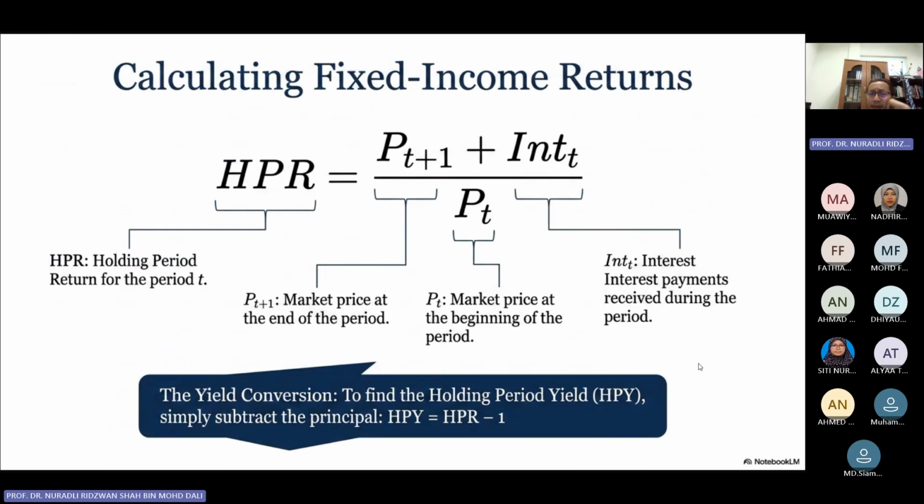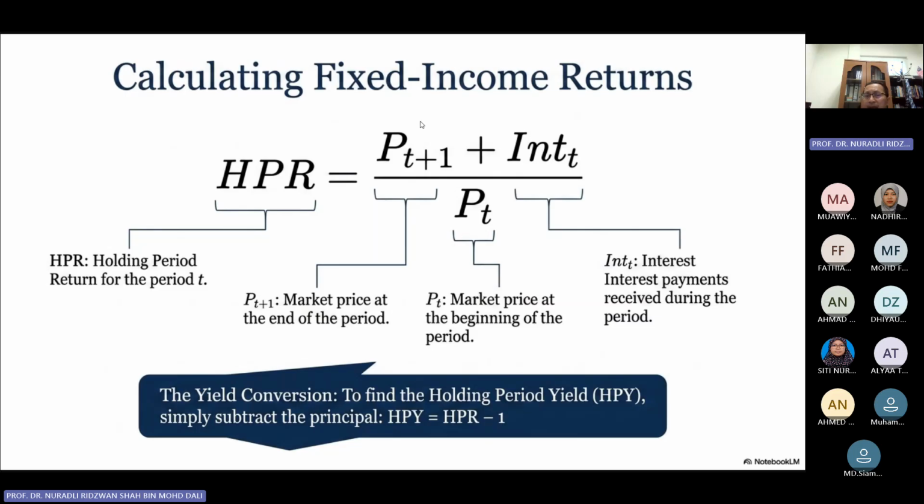Calculating fixed income return, this is the holding period return. This is the principal at the end of the period, which is T plus 1. This is the coupon or the interest, and this is the price or the present value, which is T0. So the holding period return is principal plus interest divided by your initial principal.